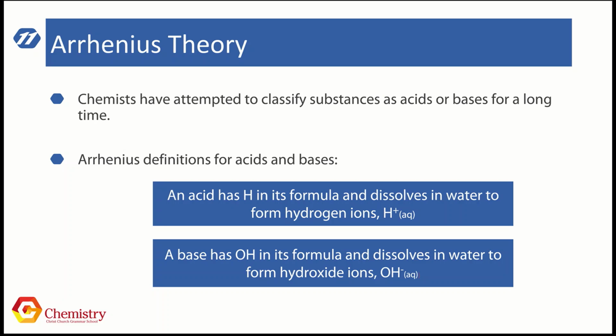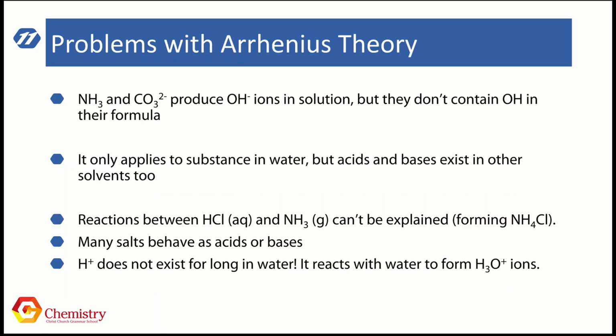So, what are the problems? Well, one of the problems is that there are substances that produce hydroxide ions in solution, but they don't actually contain OH in their formula. So two examples are ammonia, which some of you will be familiar with is a base, and the carbonate ion.